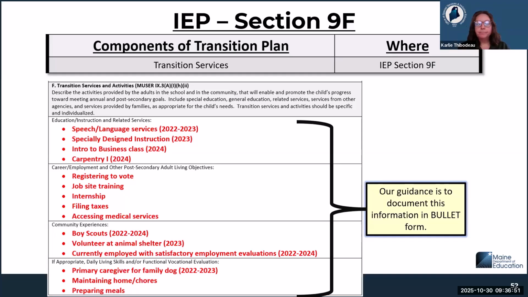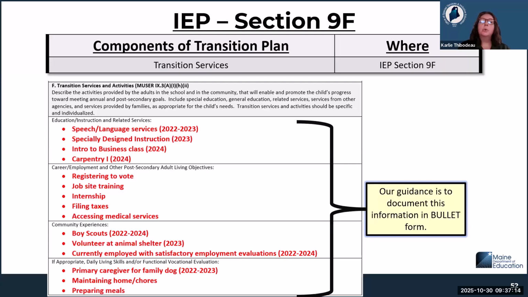However, really think about, does the student need those daily living skills or functional vocational evaluation listed there? But for those other three, the education, career, and community, those must have at least one activity listed within them.